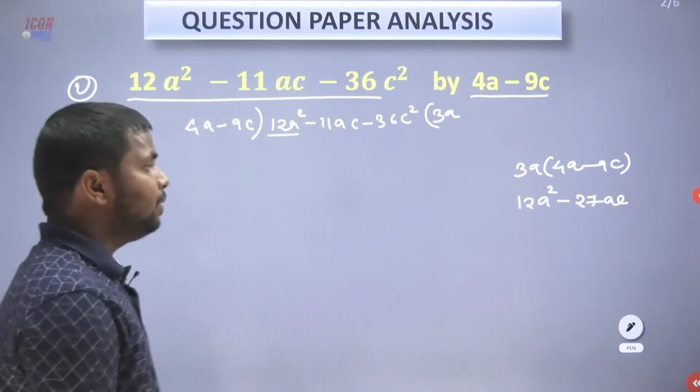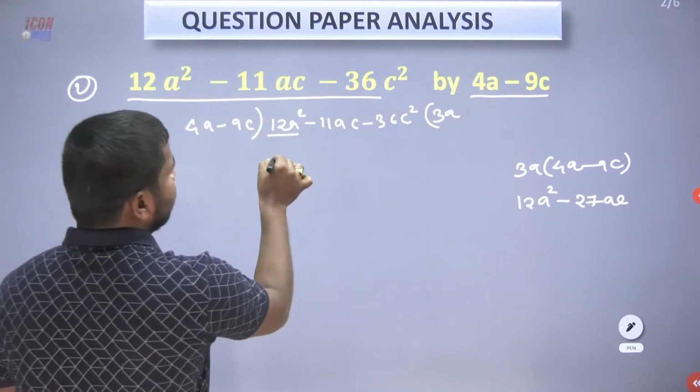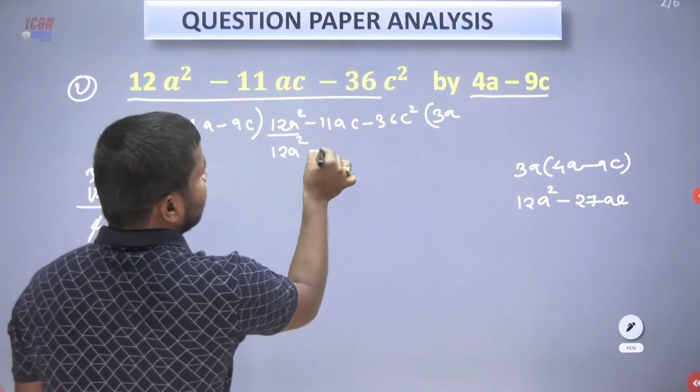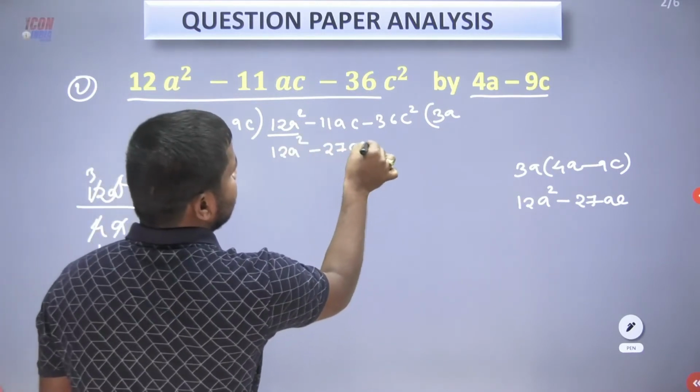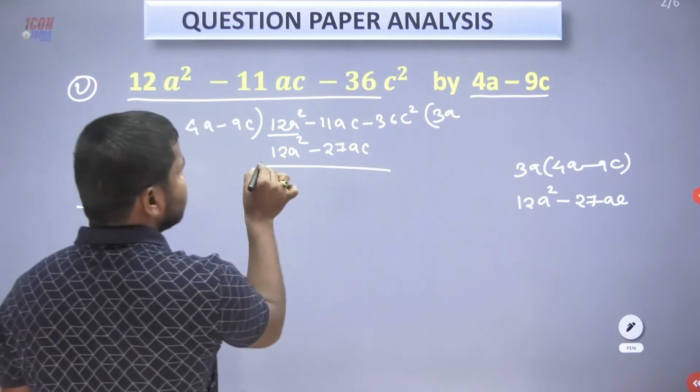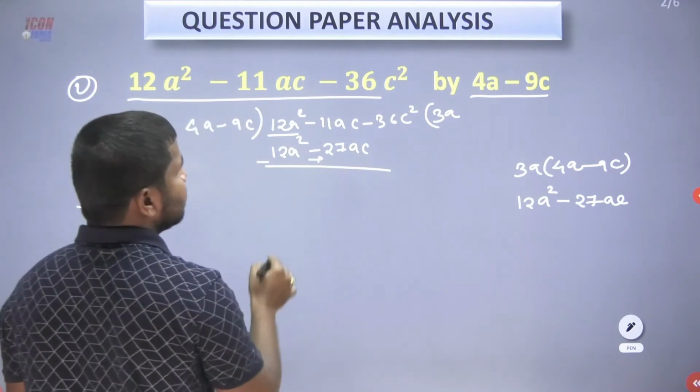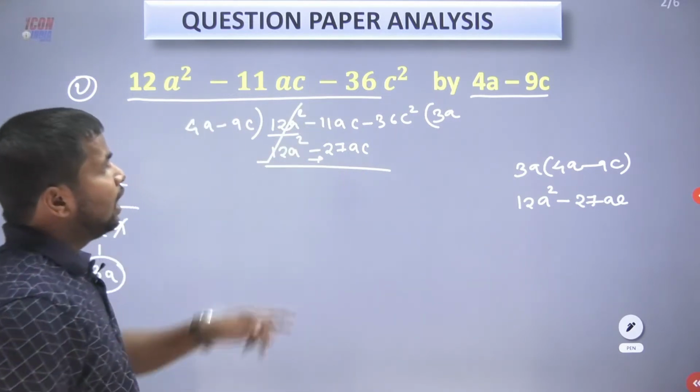So here we got 12a square minus 27ac. By subtracting, the signs will change, minus will become plus. So these two will get cancelled.